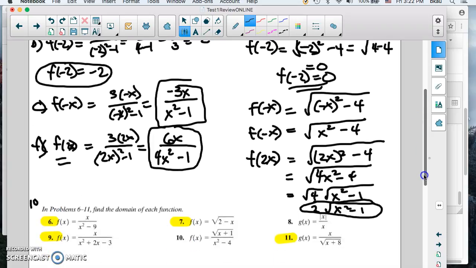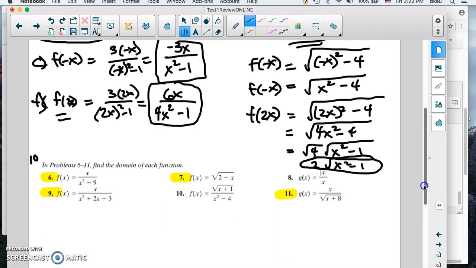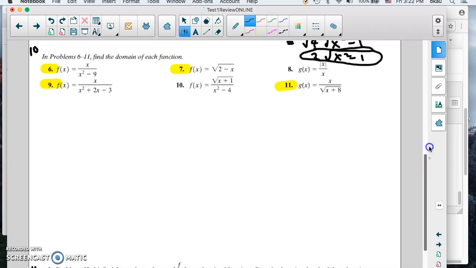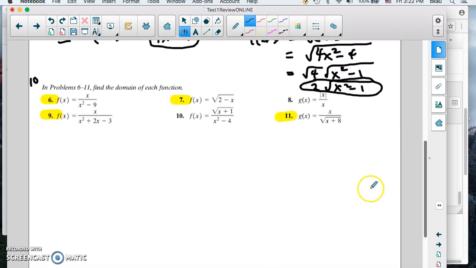Now, step 10 on the review asks you to find the domain of the function. Well, the domain is restricted when we have two possibilities, a denominator and a square root. Those that have denominators are going to be restricted because we can't divide by 0.